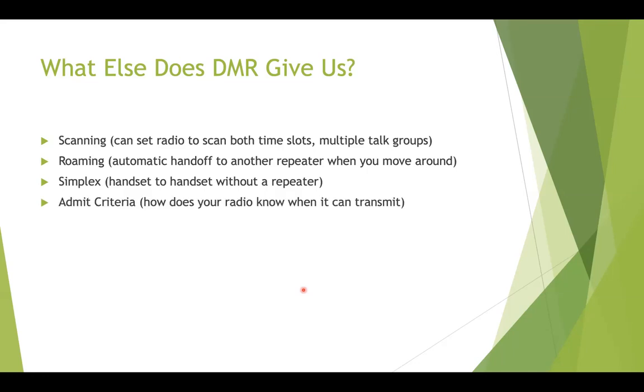There's a capability called admit criteria, which is basically when you key up your radio and you say something, the radio is not necessarily going to transmit it right away. It's going to ask the repeater if it can talk. And so it's going to send over the color code that it wants, and your digital ID and that kind of information.